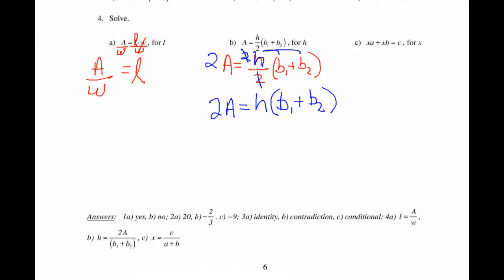Now, thinking about what we just said, I want to get h by itself. It's h times this. So how do I get rid of this? These are factors. Well, I divide both sides by this. And if you want to put it in the parentheses, that's fine.